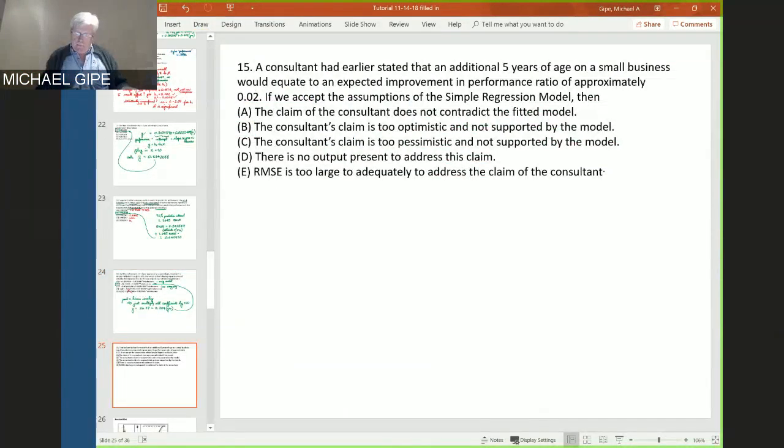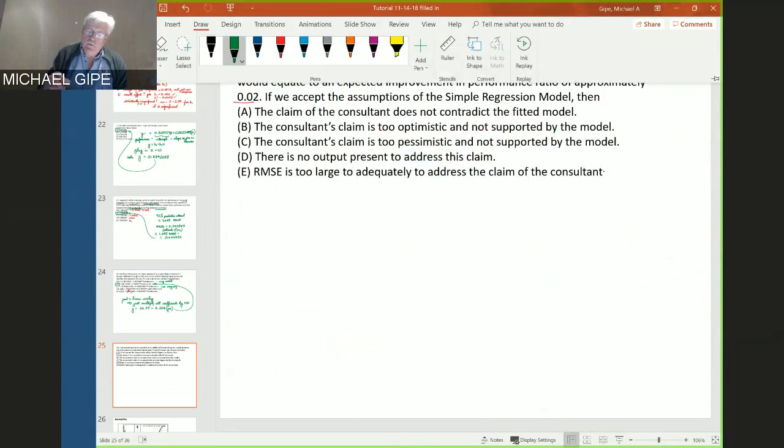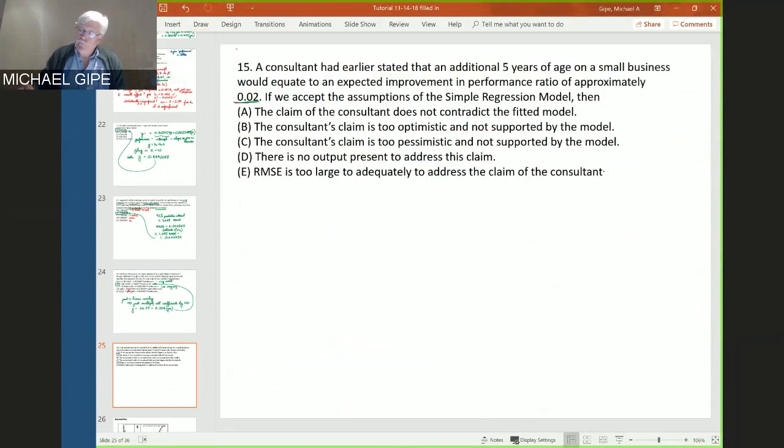Okay, how about a consultant had earlier stated that an additional 5 years of age on a small business would equate to an expected improvement in performance ratio of approximately 0.02. If we accept the assumptions of the simple regression model, and they put that in there to make sure you didn't argue about the model not being good because of heteroscedasticity or independence or something like that.